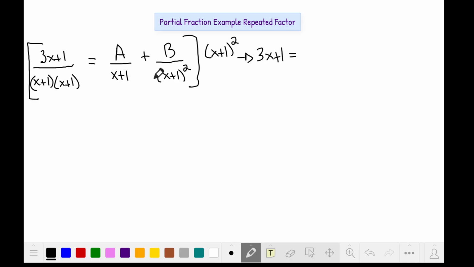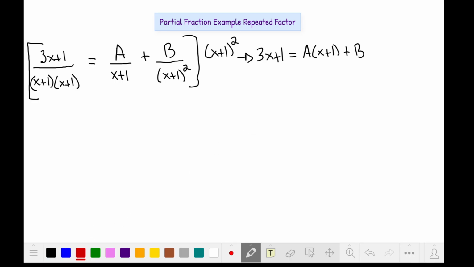Now, on the right-hand side of the equation, there's 1 x plus 1 at the bottom, but 2 x plus 1's at the top. So I'm going to be left with 1 x plus 1 at the top. And then for the second term, x plus 1 squared, x plus 1 squared, dividing and multiplication, they cancel out, so we're left with just a lonely b.